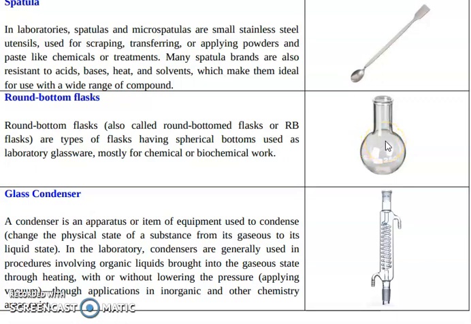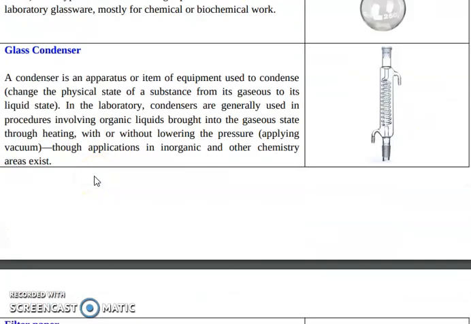Round bottom flasks, also called RB flasks, are types of flask having a spherical bottom, used as laboratory glassware, mostly for chemical or biochemical work. Glass condenser. A condenser is an apparatus used to condense, or change the physical state of, a substance from its gaseous to its liquid state.